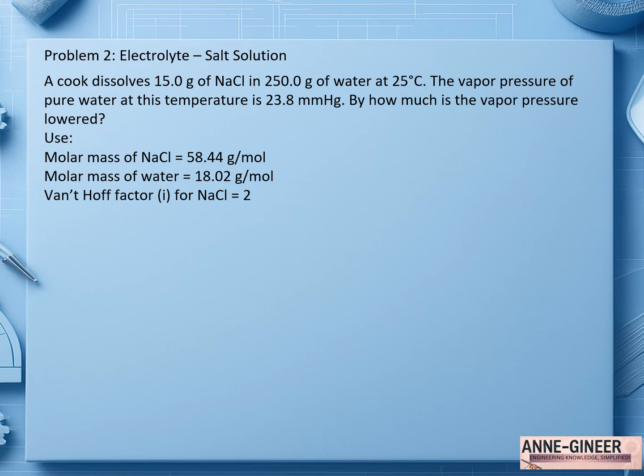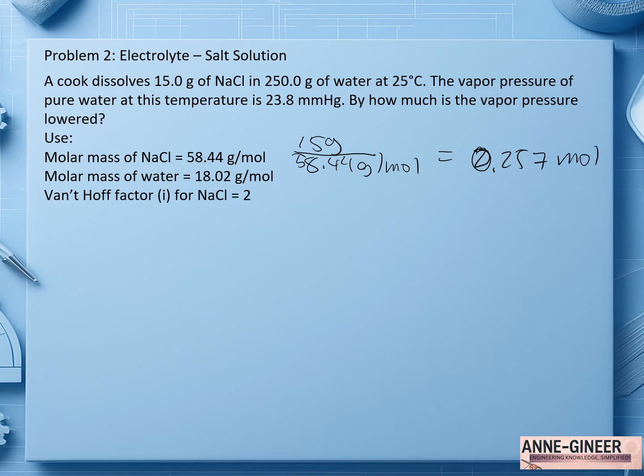So let's convert the mass to moles. We have 15 grams of NaCl over 58.44 grams per mole, so we have 0.257 mole.